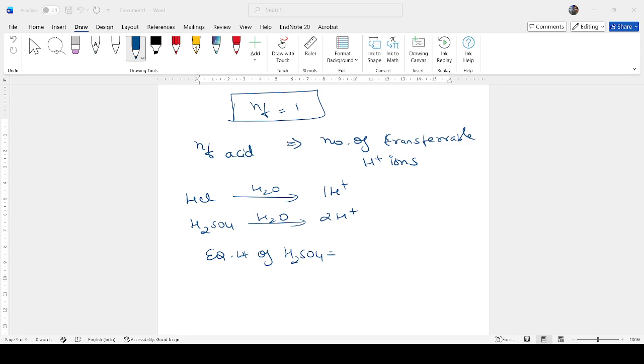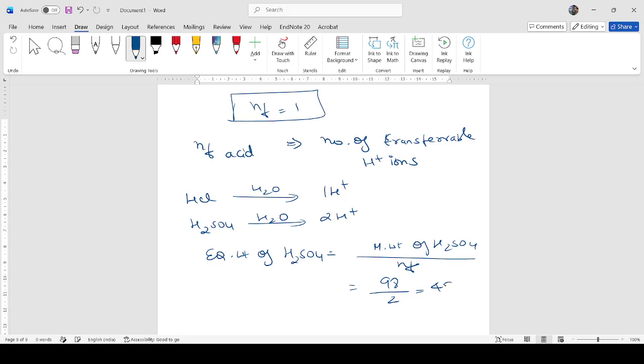The molecular weight of sulfuric acid is 98. So it is 49, correct. That's right. 98 divided by 2, which is 49 grams. Correct?